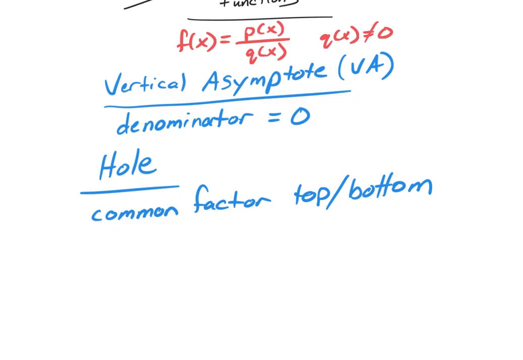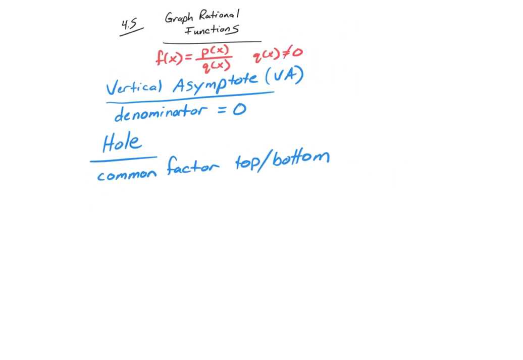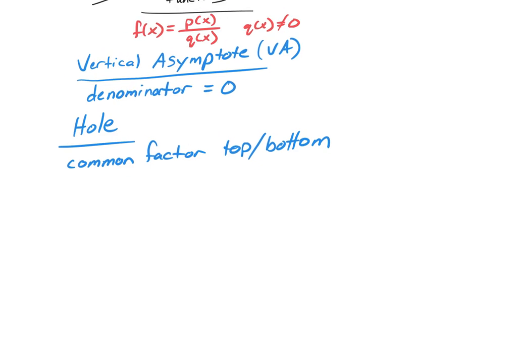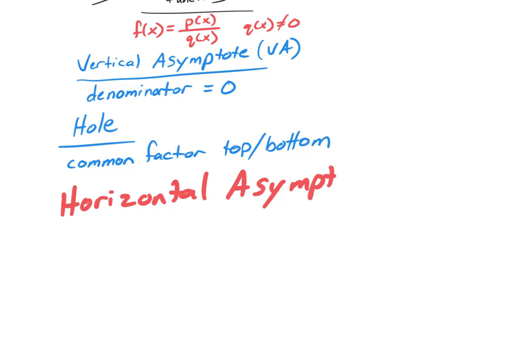Okay, and then finally, the third thing that we're going to talk about is horizontal asymptotes. And from here on, I'm just going to use HA for horizontal asymptotes.